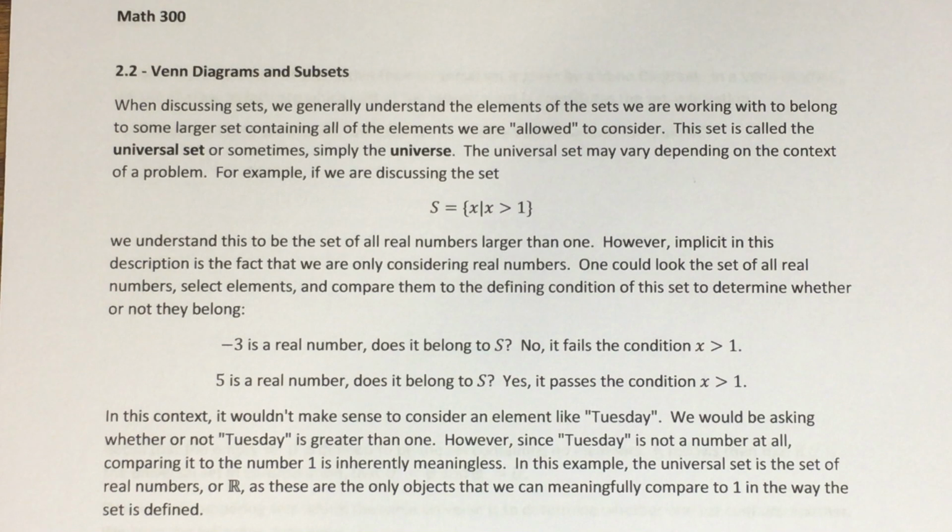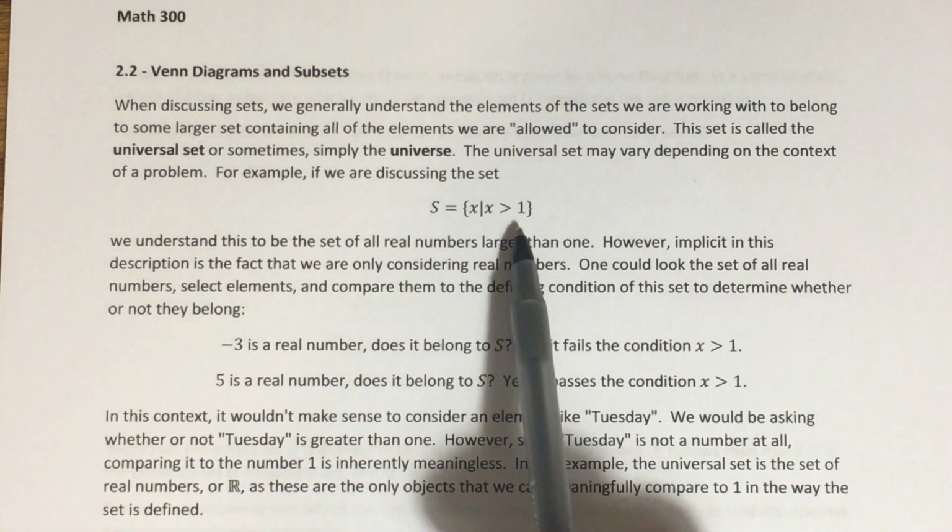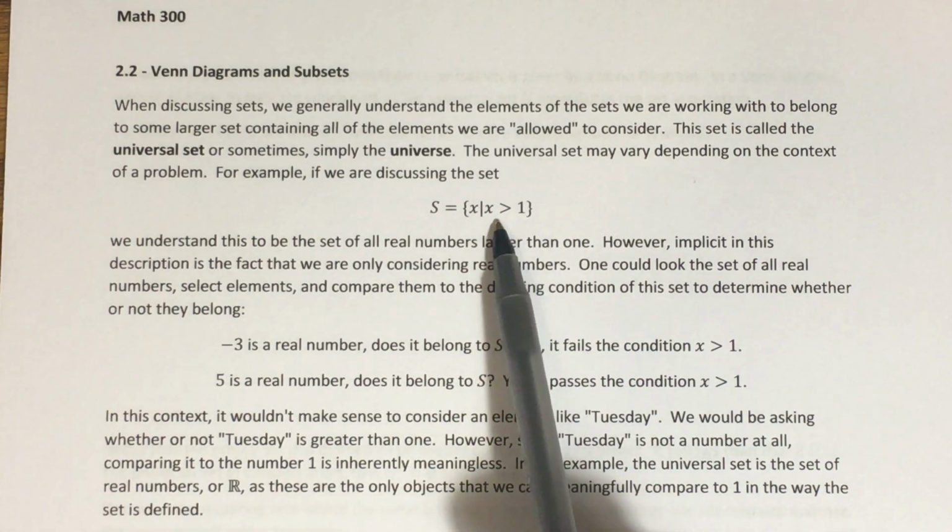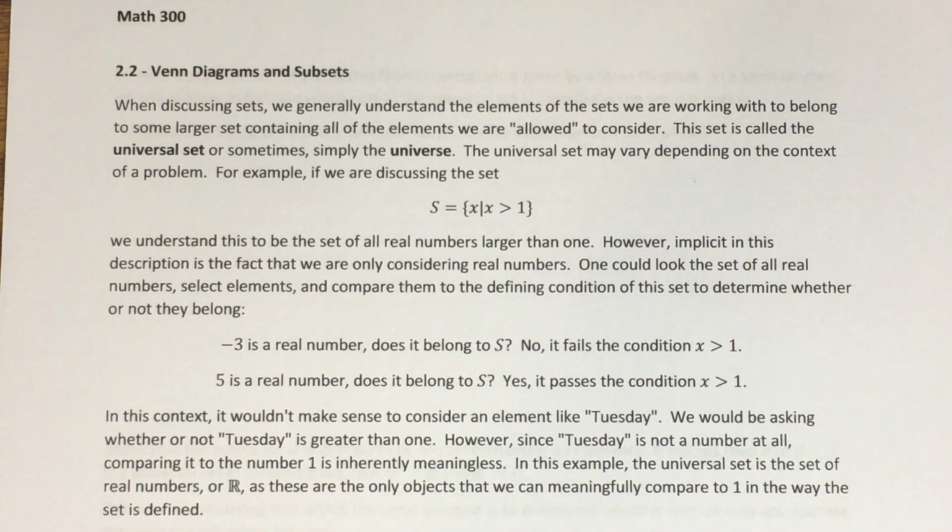So we would say that the day of the week Tuesday doesn't belong to the universe or the universal set that this set is thought to live in, because it doesn't have any meaningful comparison to the defining condition of this set, whether it's greater than or not greater than 1.